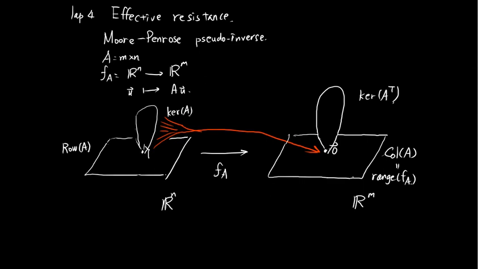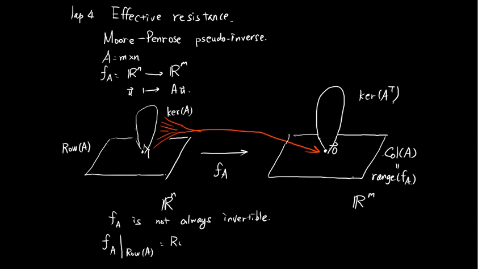And in fact, f_A is not always invertible, of course. But somehow, if you focus on the function f_A, focus on the row space of A.